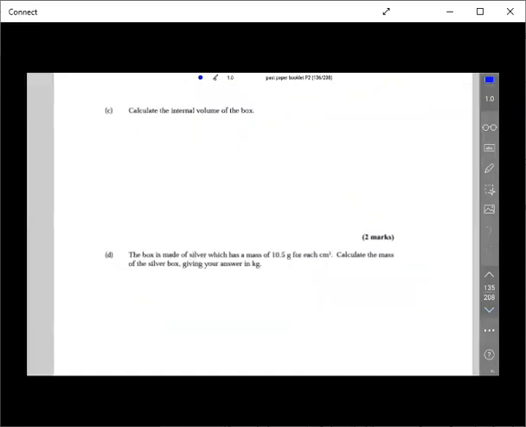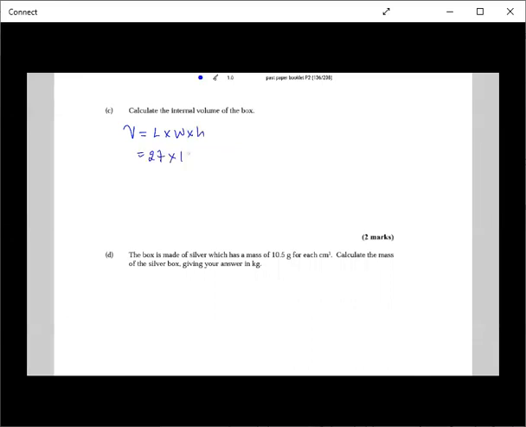13.5. Next, we're asked to calculate the internal volume of the box. So inside of the box is also a cuboid. So the volume is equal to length times width times height, which is 27 times 17 times 13.5.